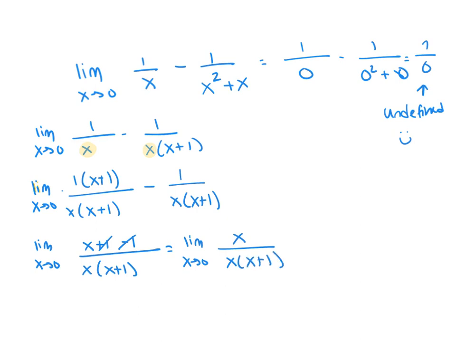I'm able to cancel my x in my numerator and my x in my denominator, and I'm left with a 1 in the numerator. So I have the limit as x goes to 0 of 1 over x plus 1. So now I can plug in my 0, and I get 1 over 0 plus 1, which is just 1. So the limit of that very messy looking fraction in the beginning is just a really simple number of 1.